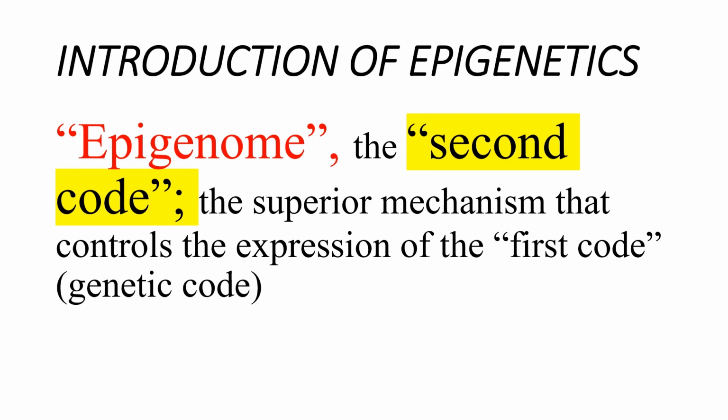Aside from the genome, that is a genetic code encrypted within the DNA sequence, our cells also contain what's called the epigenome. Epi means above. So this epigenome, or the second code, is the superior mechanism that controls the expression of the first code, which is our DNA sequence.